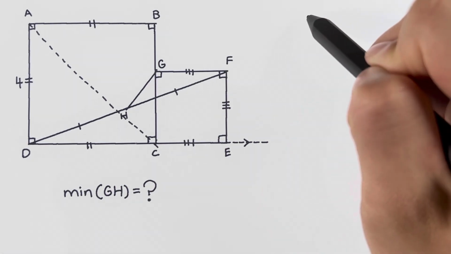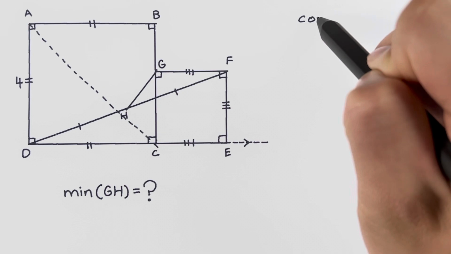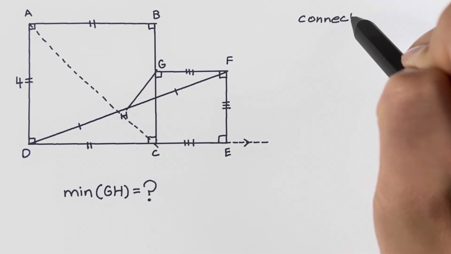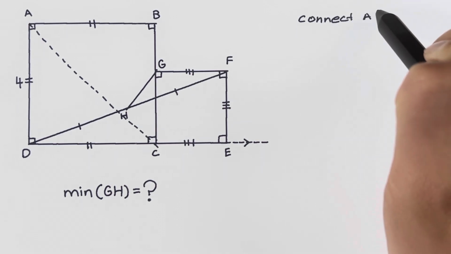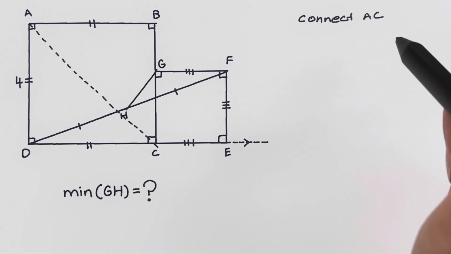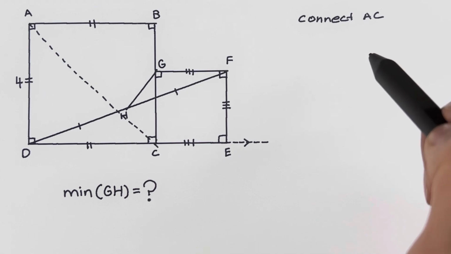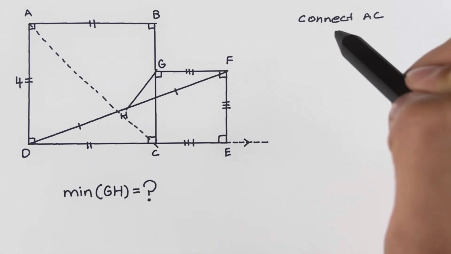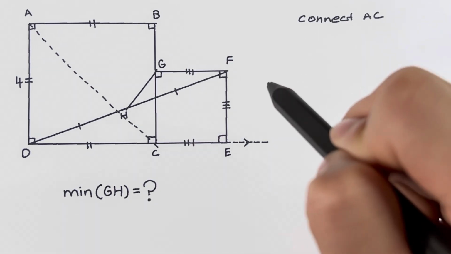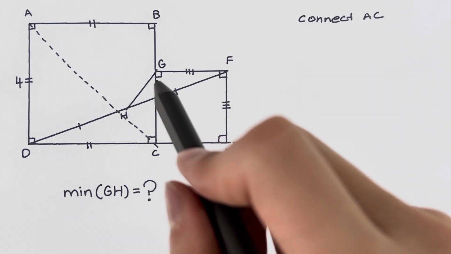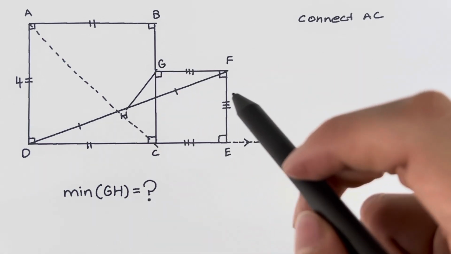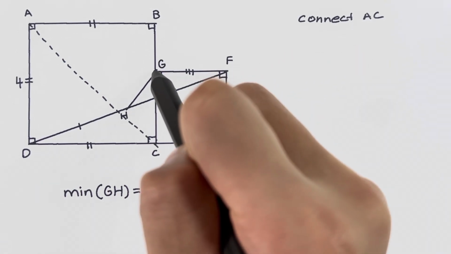So our first step was to connect AC. Then, we can't directly construct the midsegment. Instead, we can extend FG to intersect with AC. So we just extend FG.